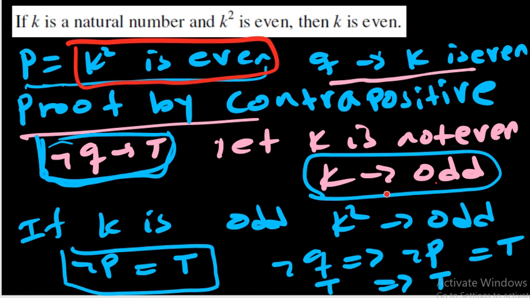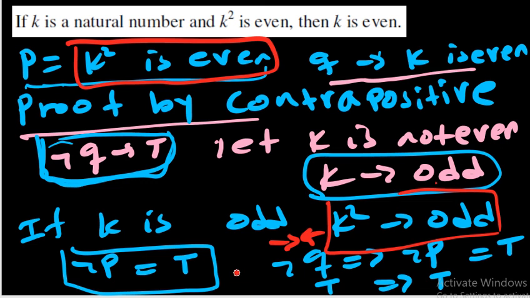If k is odd, necessarily the square of it will be odd. So the square of k becomes odd. It contradicts the original premise that k squared is even. So that assumption fails. Our assumption was that k is not even. This assumption is wrong, so k must be even. That is the way to prove it.